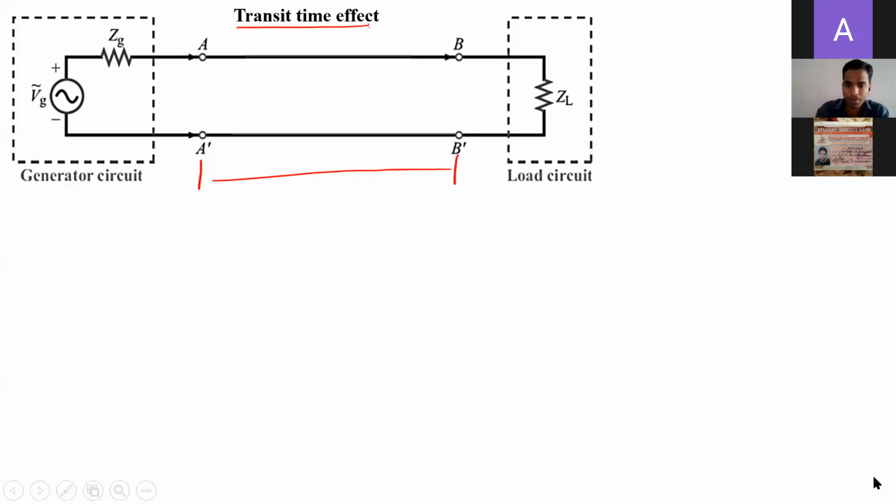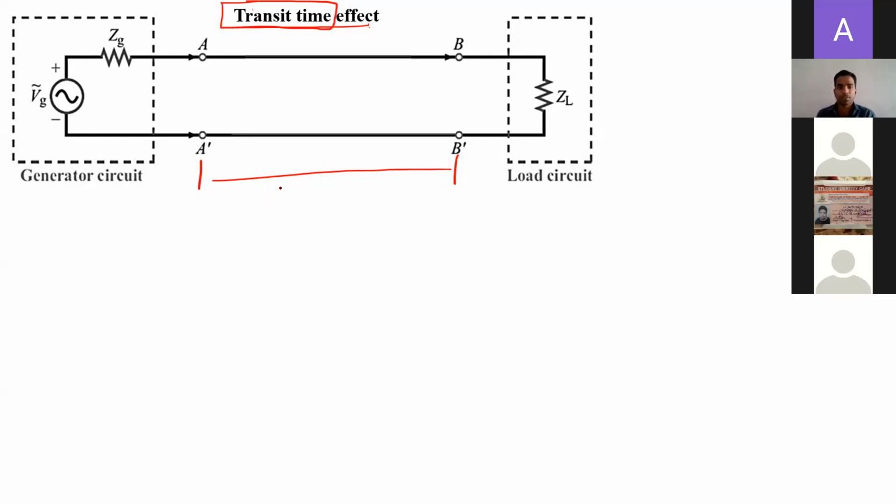Yes, sir. Do you remember what is transit time? Sir, I think the time required. For what? The time taken to travel. Time taken to travel from where to where? Along the transmission line, from generator to load, sir. Yes, to load. So basically along the transmission line, right?